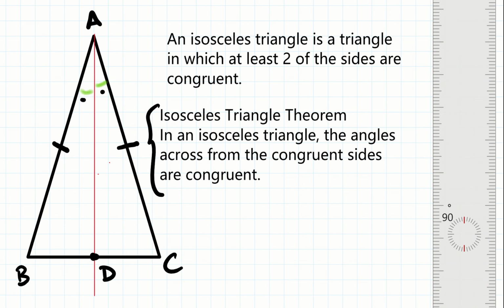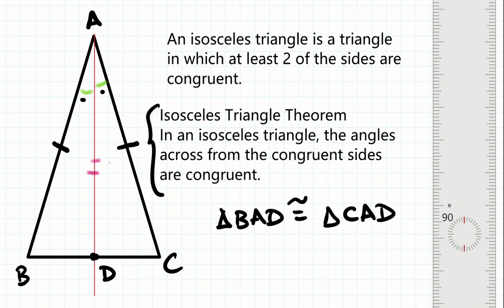The other thing that's true is that AD is congruent to itself by the reflexive property. So I'll mark that on this diagram. So if we look at what we have, right, we have that these two triangles, triangle BAD, I'll write that down. We have triangle BAD is congruent to triangle CAD, and those are congruent to each other by side, angle, side.